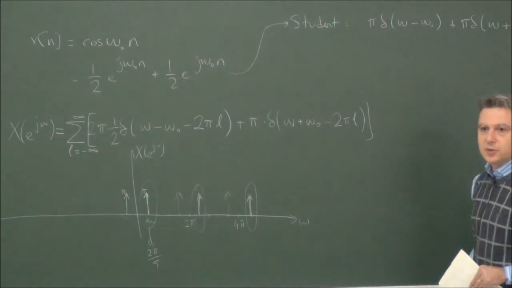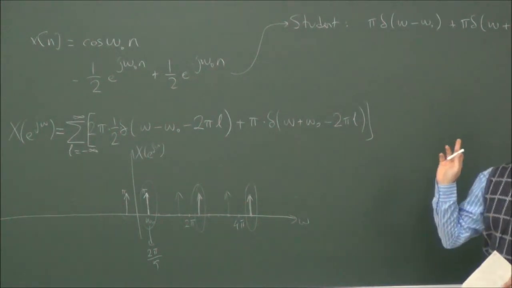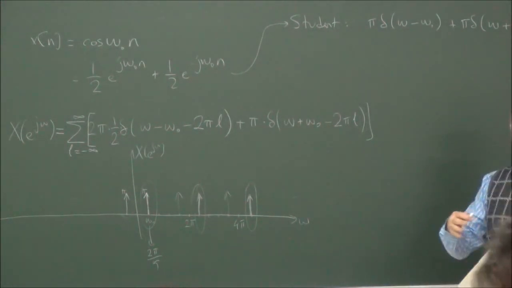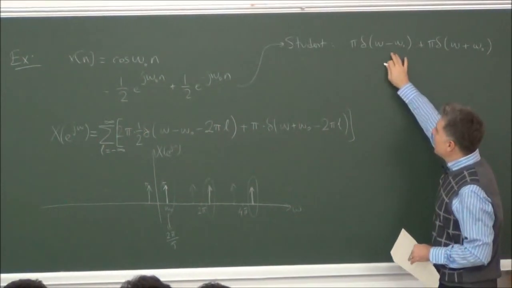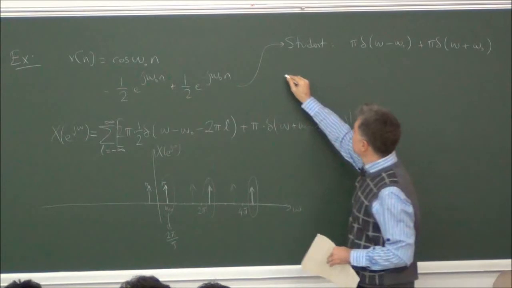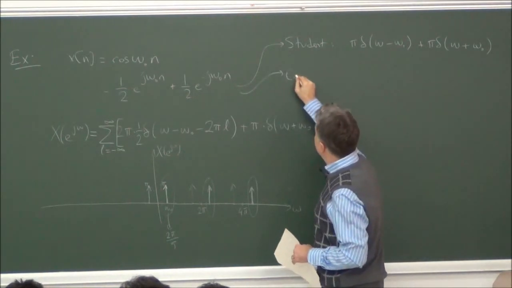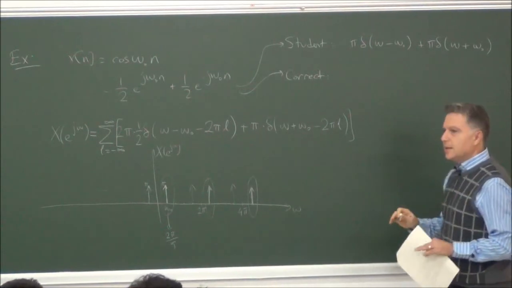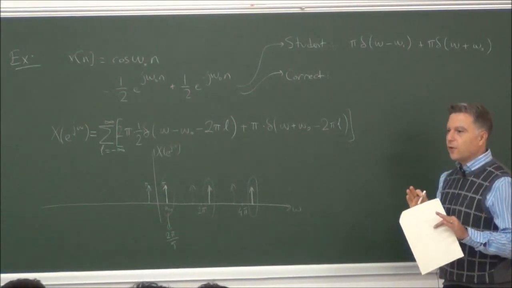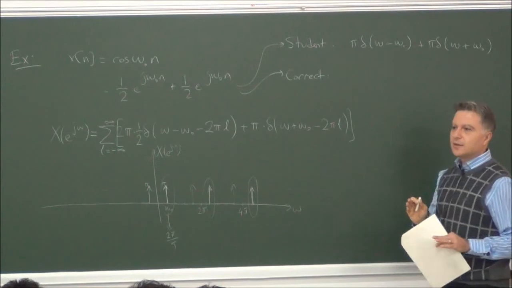This is the answer of a good student, by the way, for a person who is able to solve a bit of this. But the correct answer that I expect for such things does not consist of only two Fourier series coefficients.